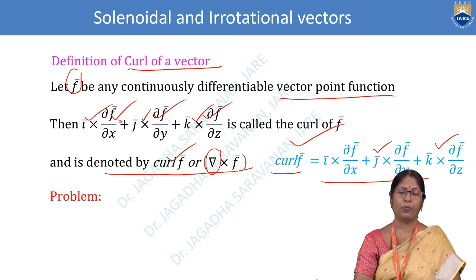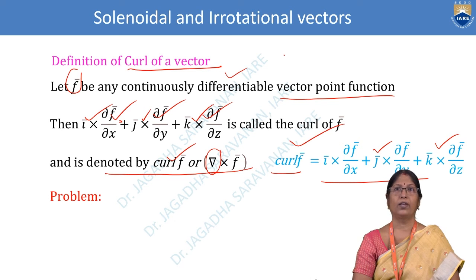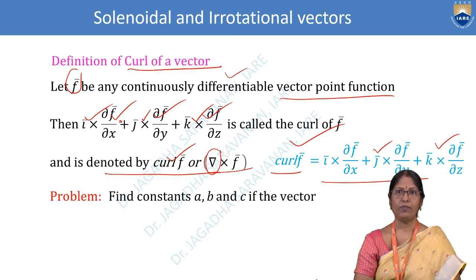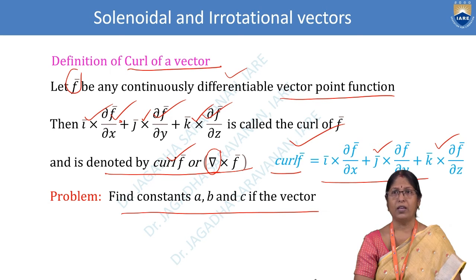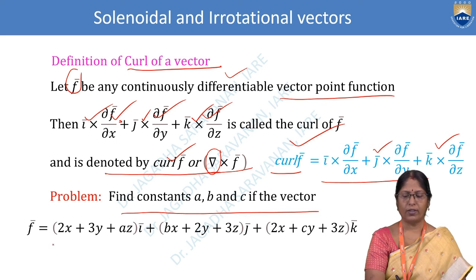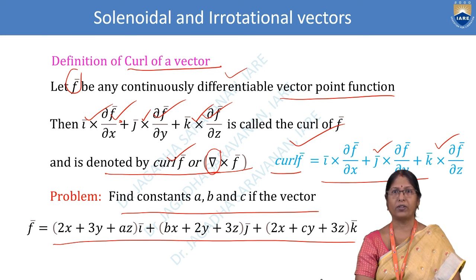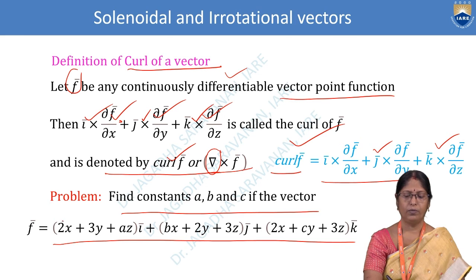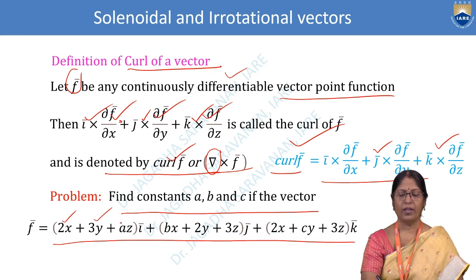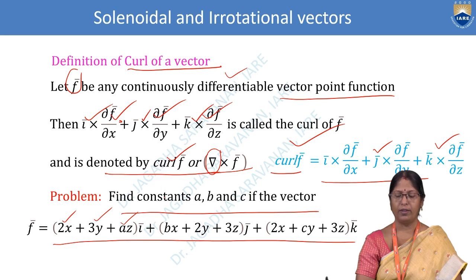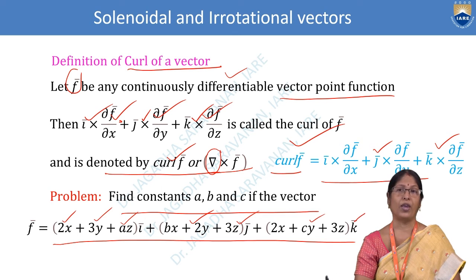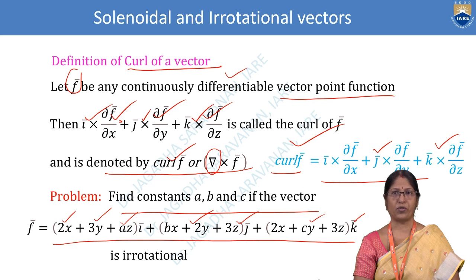Now, we will do a problem based on this curl of a vector. Find constants a, b and c if the vector f equals 2x plus 3y plus az in i, plus bx plus 2y plus 3z in j, plus 2x plus 3y plus 3z in k is irrotational.